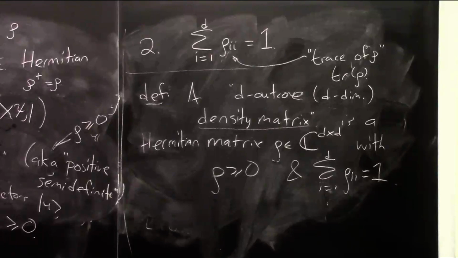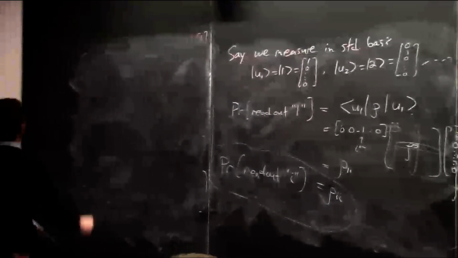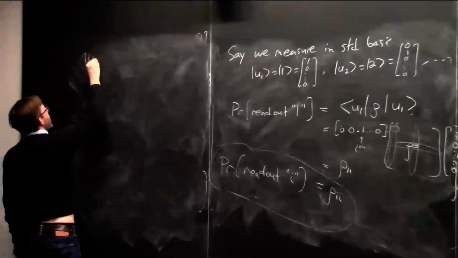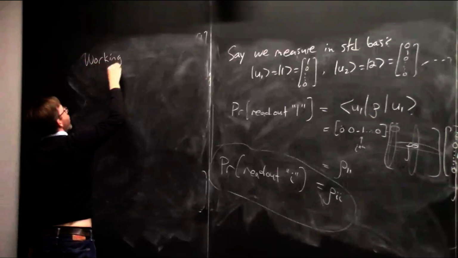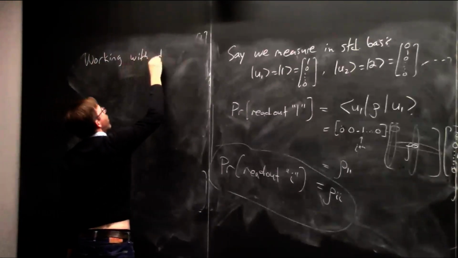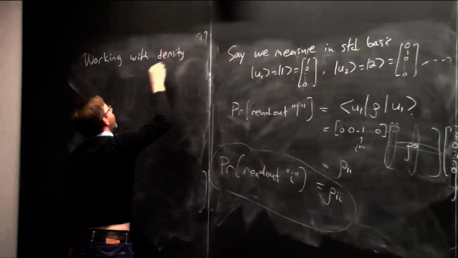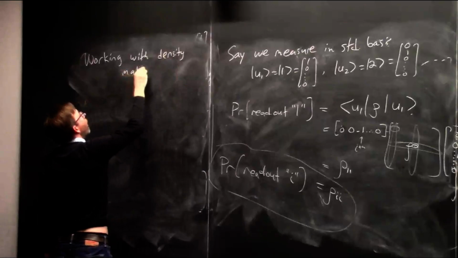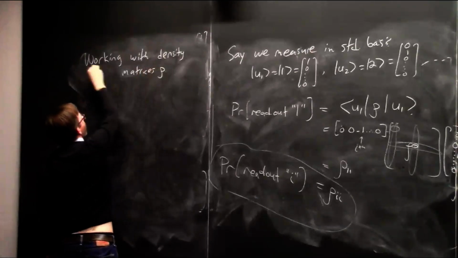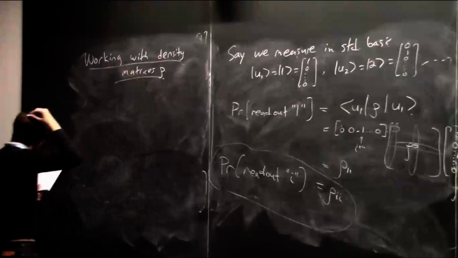And even some people present quantum computation that way. We didn't, to keep it a bit simpler. But we should now go back and look at the basic things that we do with quantum states and redo them a little bit in this density matrix formulation. Luckily, there's only two things we really do with quantum states, which is apply unitary transformations and measure. So let's just check what happens there.